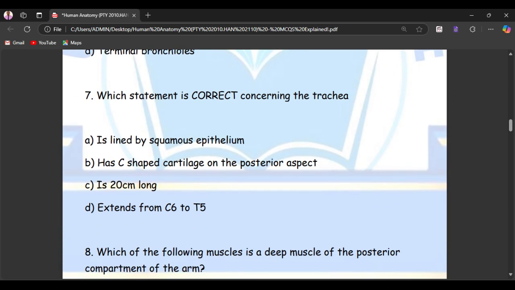Question number 7 says, which statement is correct concerning the trachea?